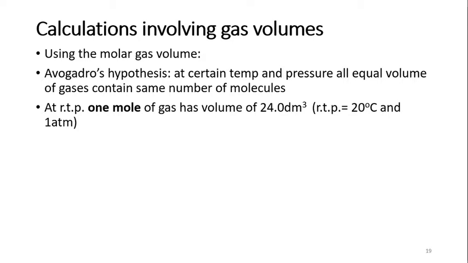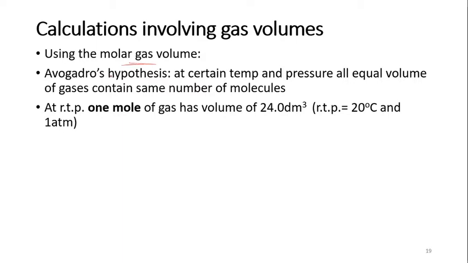Calculating involving gas volumes. Now, if I have gases instead of solutions reacting in a chemical equation, I can use the molar gas volumes to find out the ratio of my reactants and the products.